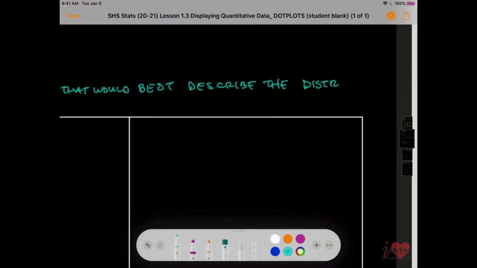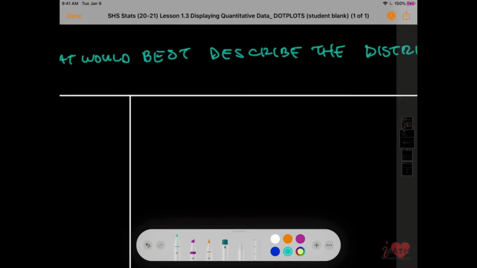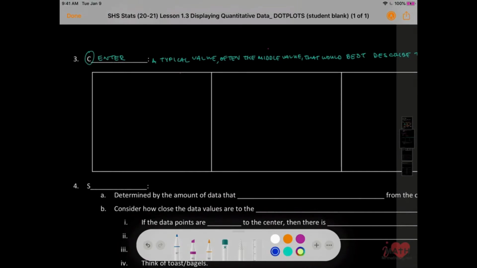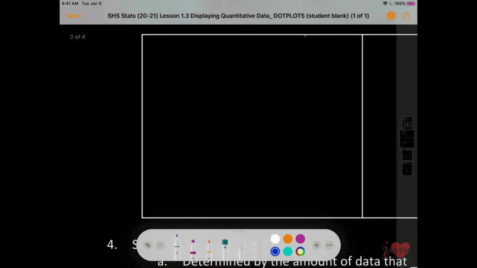Remember, distribution is just your picture of your data. So there are 3 ways of measuring the center. The first one is called the mean or average.